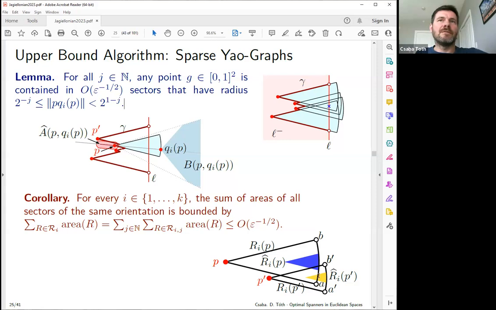So these colored sectors in the interior are always disjoint, and we can just count the areas of the cores of the sectors that are actually disjoint even if the sectors overlap. This helps to bound the area of sectors of different sizes, and then we get the same bound overall.